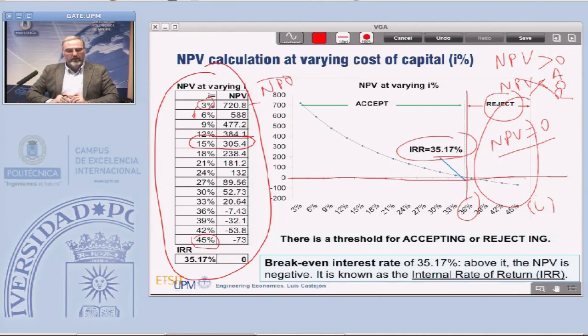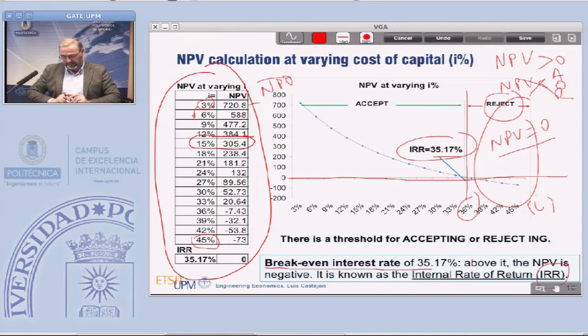So what we have learned in this slide is that there is a threshold for accepting or rejecting a project. This concept we call the break-even interest rate, in the sense of the net present value becoming zero or below zero. This break-even interest rate is what we call the internal rate of return, the IRR.